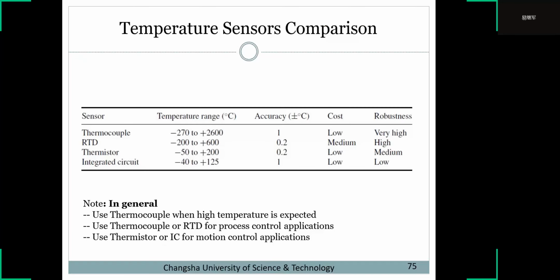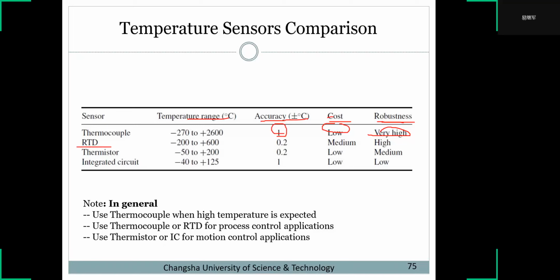This is a comparison of the temperature sensors, from the range, accuracy, cost, and robustness. Thermocouple: cost is low, robustness is very high, but the accuracy is not high.